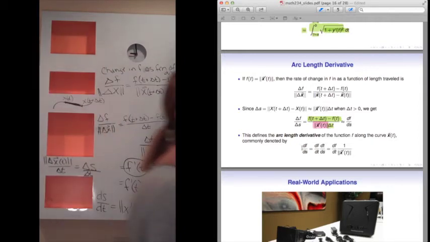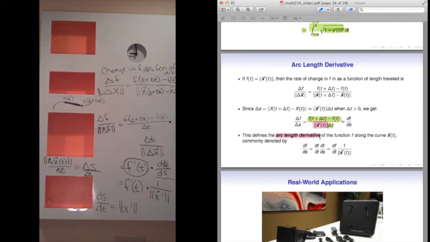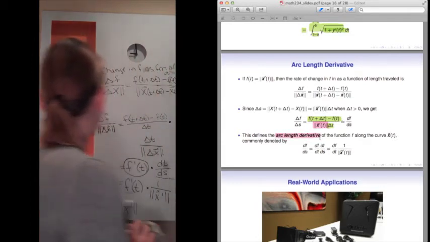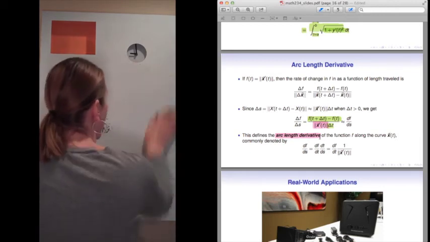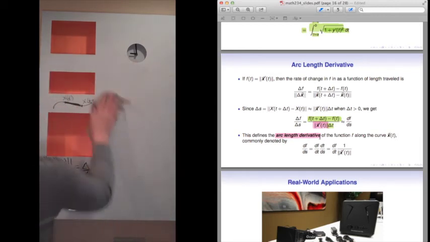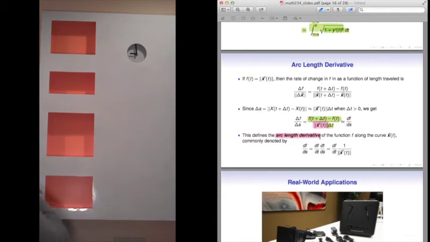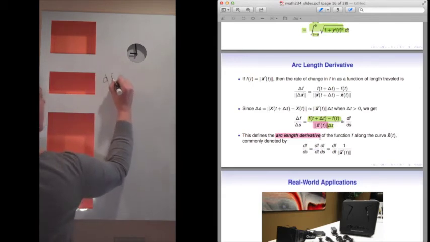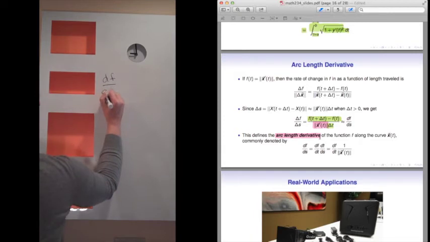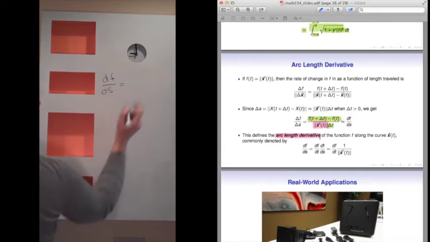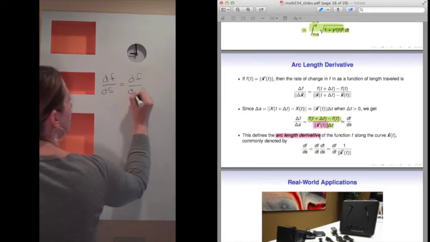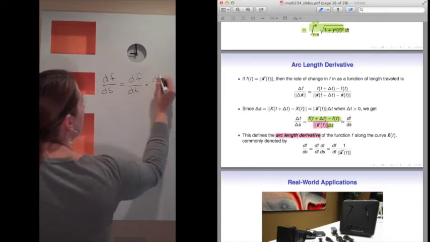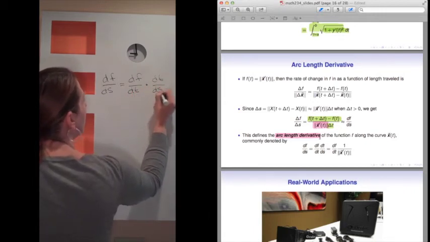Okay, so all in all, we get this arc length derivative formula, and it says that the change in some function in terms of arc length, we can divide up and say that this is df dt times dt ds.